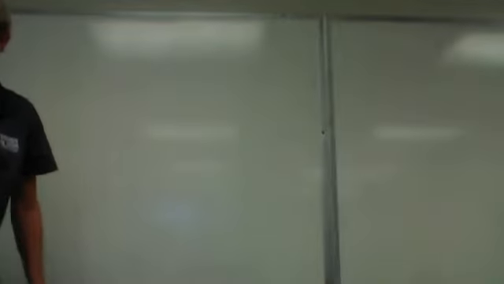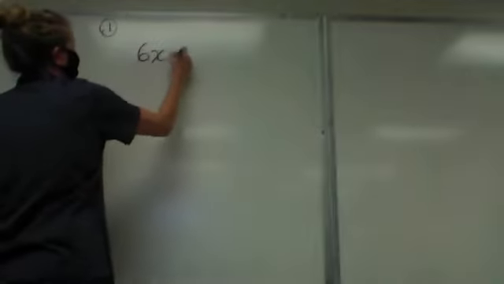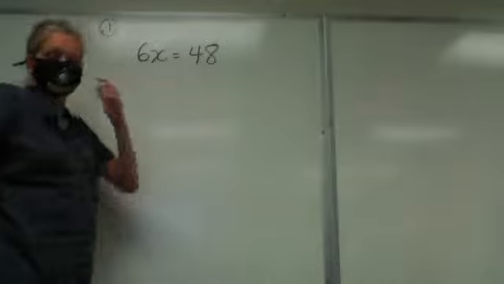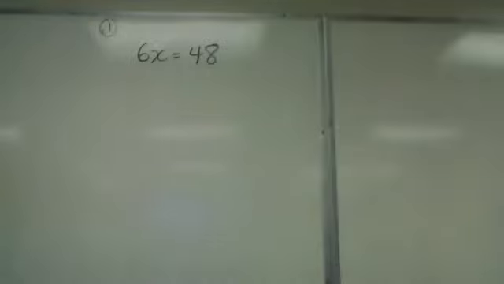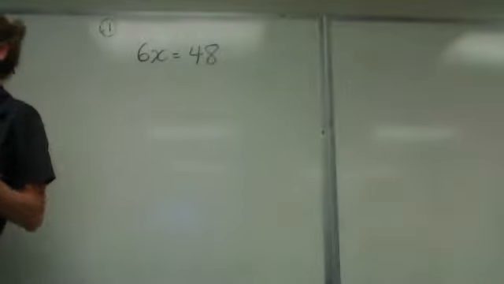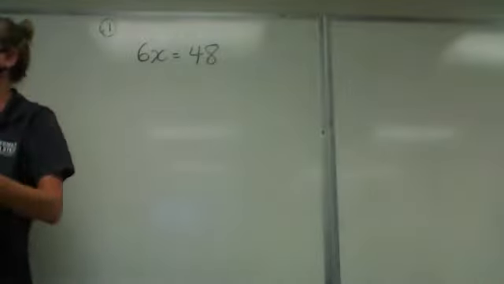Problems starting in 2.2, like number 1, will look something like this. 6x equals 48. When I'm talking about this, the 6 is not added or subtracted. What does it mean when the 6 is hooked onto the x?